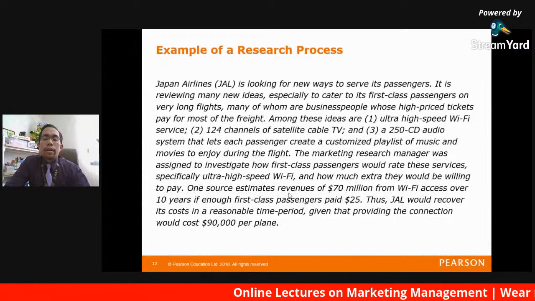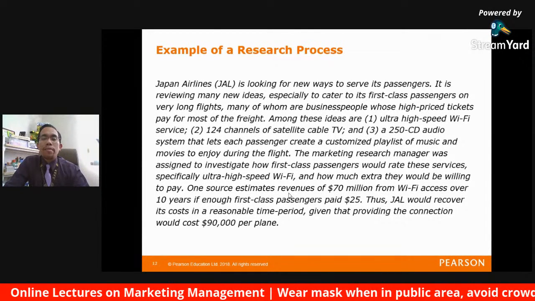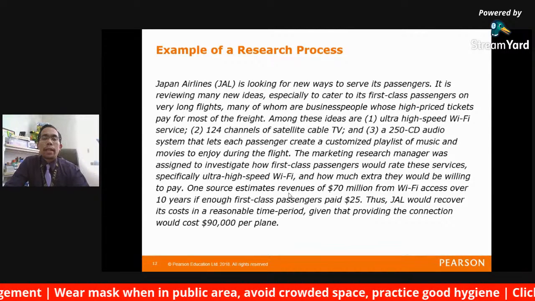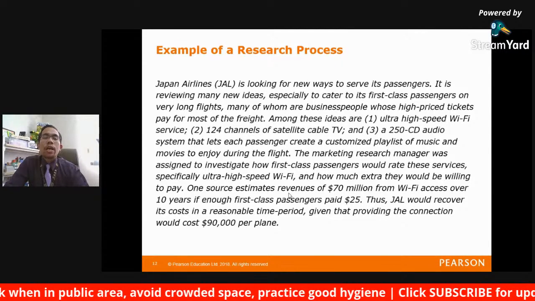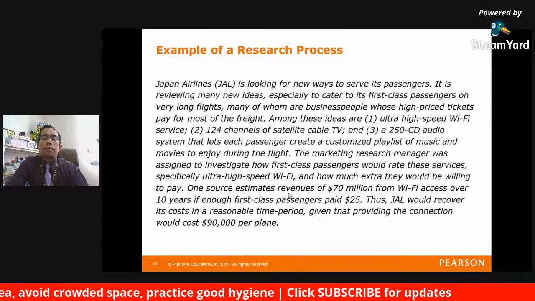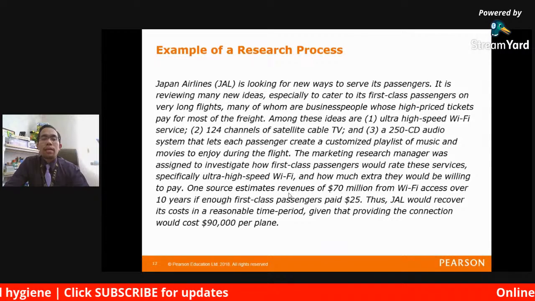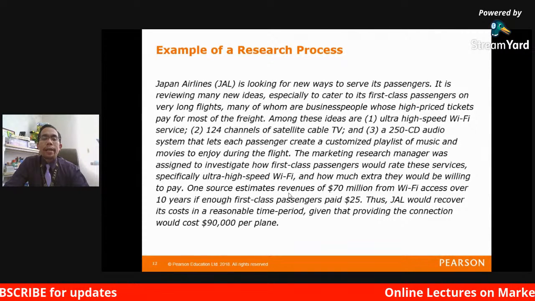Let's look at an example here. Japan Airlines is looking for new ways to serve its passengers. It is reviewing many new ideas, especially to cater to its first-class passengers on very long flights, many of whom are business people whose high-priced tickets pay for most of the flight.